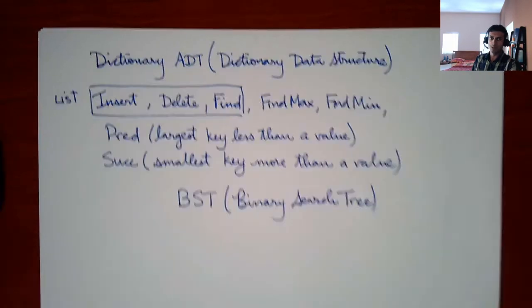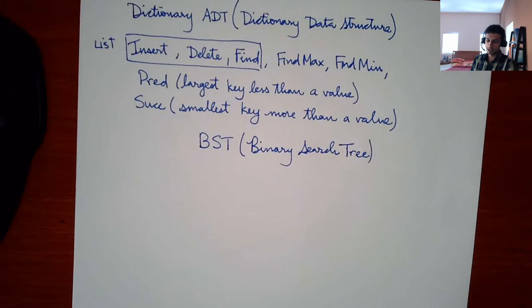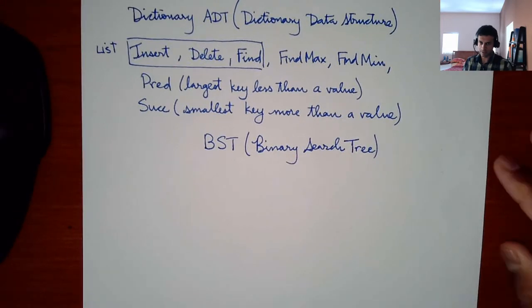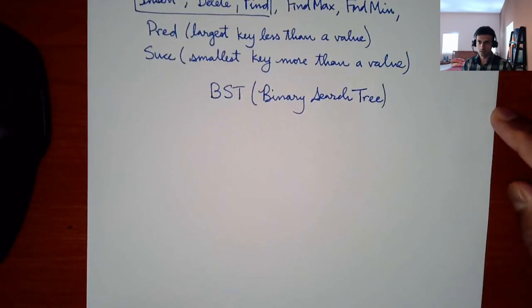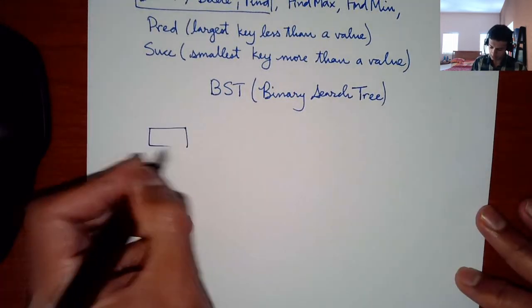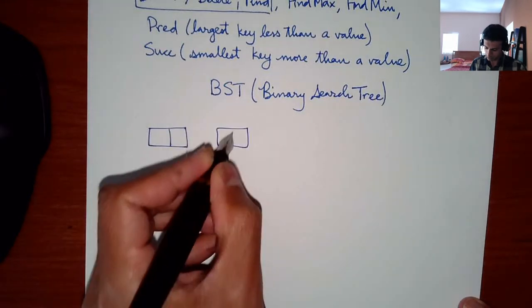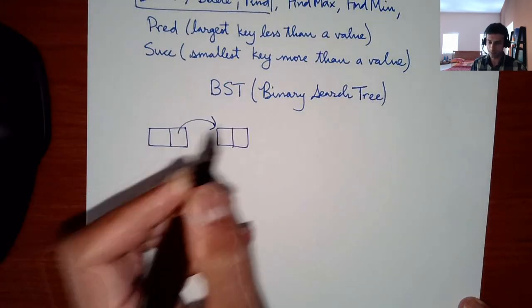And one way to think about what a binary search tree is, it's essentially a linked list. If you think about a linked list, whether singly or doubly linked, you have basically a next.